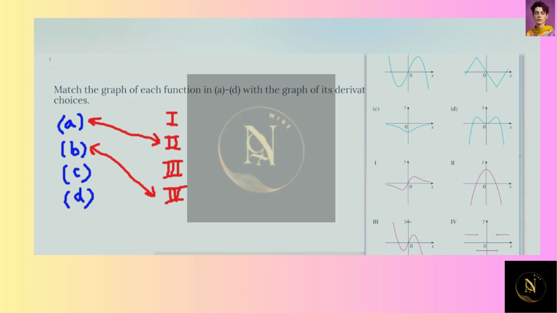And between the two remaining plots, plot 1 and plot 3, the only graph that satisfies this is graph number 1. Graph number 3 is not true because 3 shows a very large positive derivative in the negative x direction, and a very large negative derivative in the positive x direction.